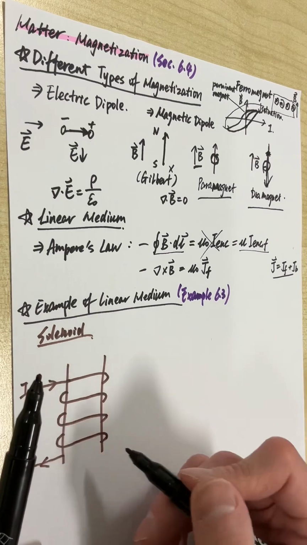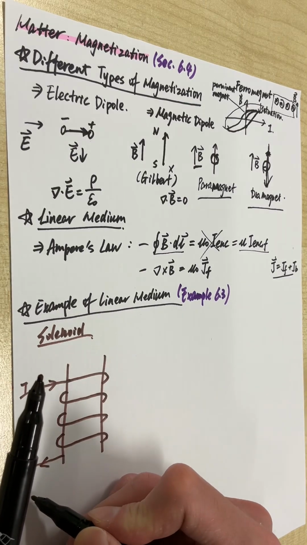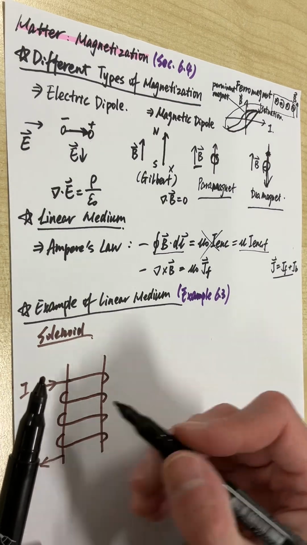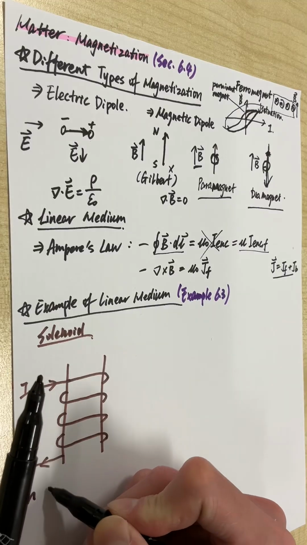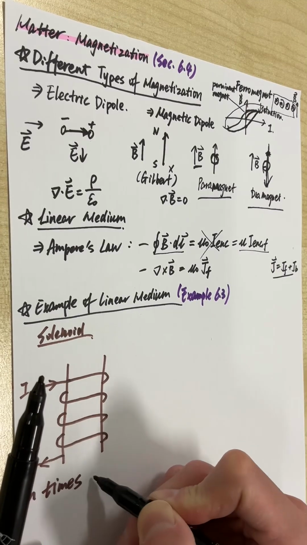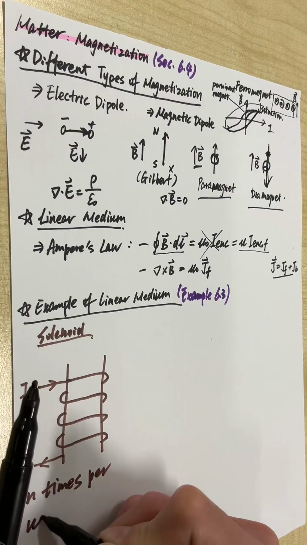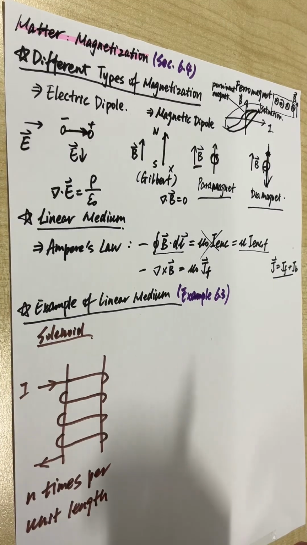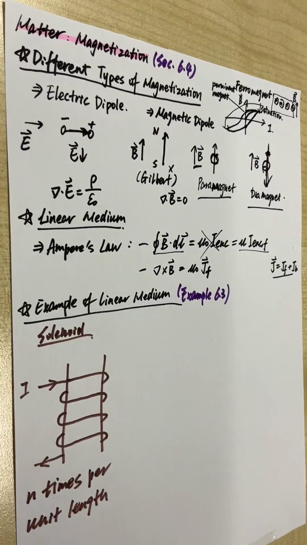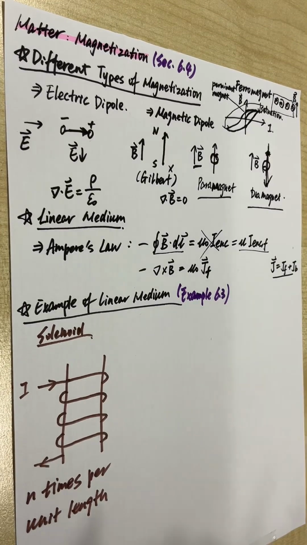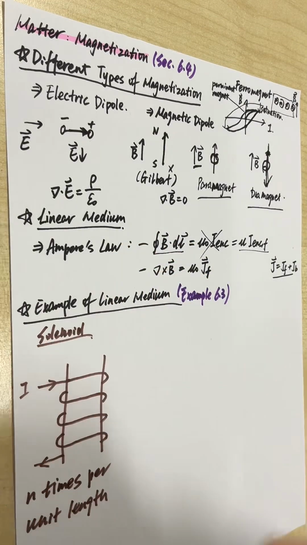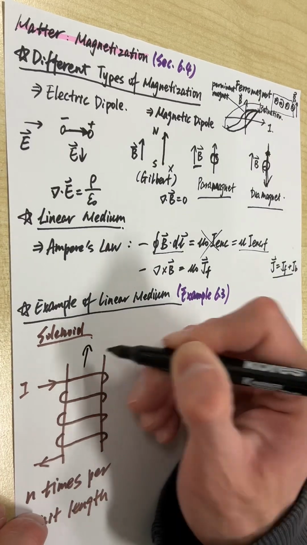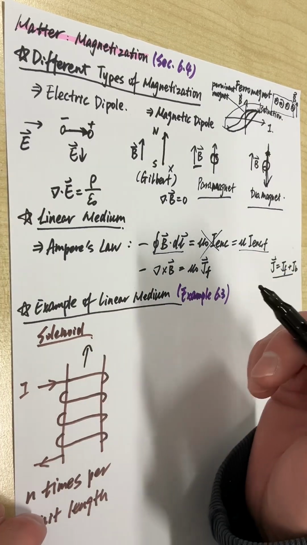The current is I, and another parameter is that we wired the current with n turns per unit length. So now, based on the right-hand rule, we know the magnetic field is inside and going up.